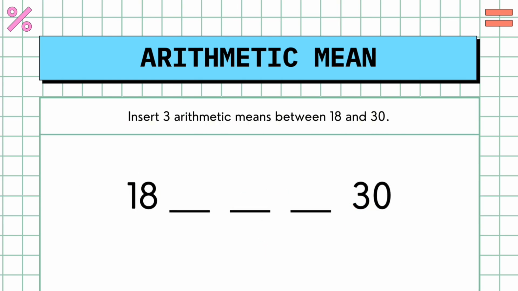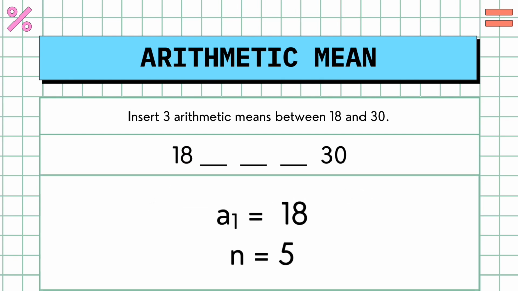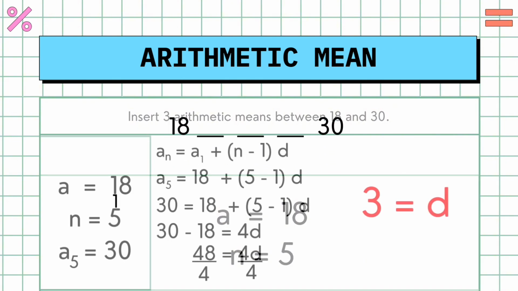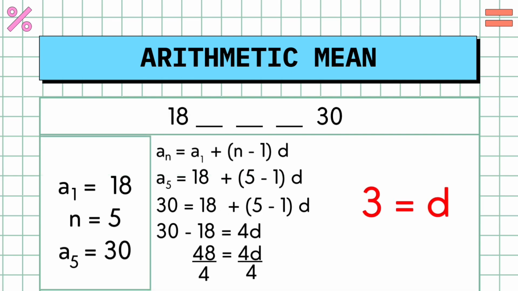Next, insert 3 arithmetic means between 18 and 30. So again, arithmetic mean can also mean any terms between 2 terms in a sequence. So our a sub 1 is 18 and our n is equal to 5. How did we get 5? We have 5 terms in this sequence. Now we plug into the nth term formula to get a sub 5 is equal to 18 plus 5 minus 1 times d.